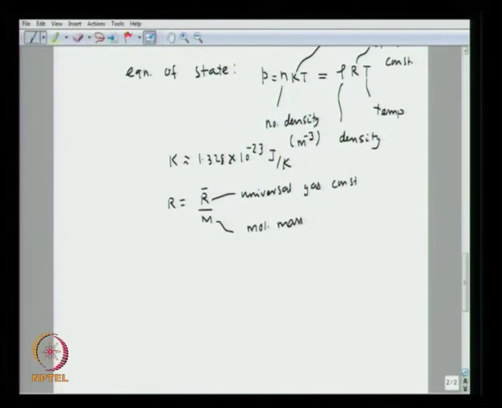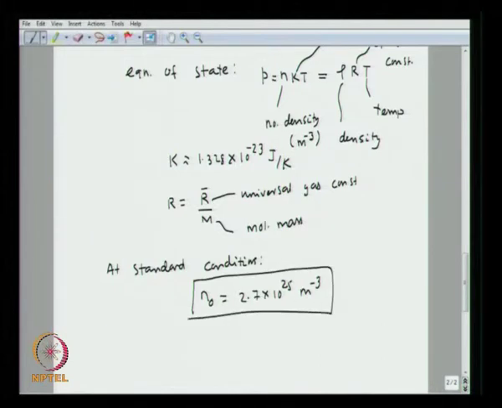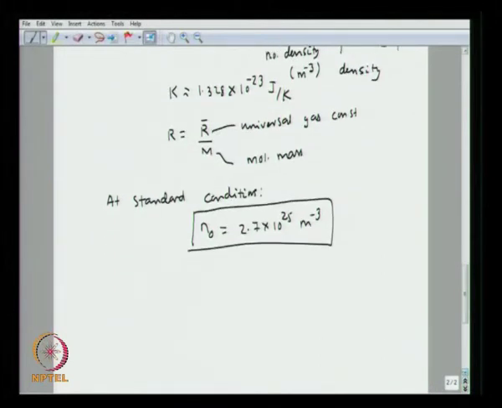Now, at standard conditions, meaning the temperature is 273.15 K and the pressure is 101.325 kilopascal, we would have the number density N0 to be 2.7 × 10^25 per meter cube. So at standard conditions we have this many molecules per meter cube.